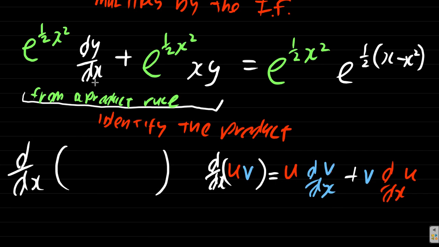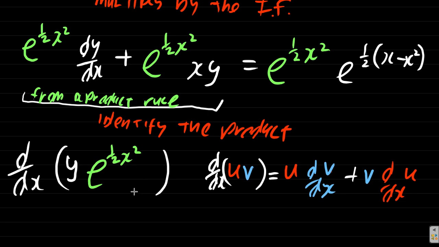Let's look at this. What did you differentiate here? You differentiated y with respect to x, and you hold y here. So one member of that product is y. If you differentiate y here, that means you would have held e to the half x squared, so the other member of that product must be e to the half x squared.